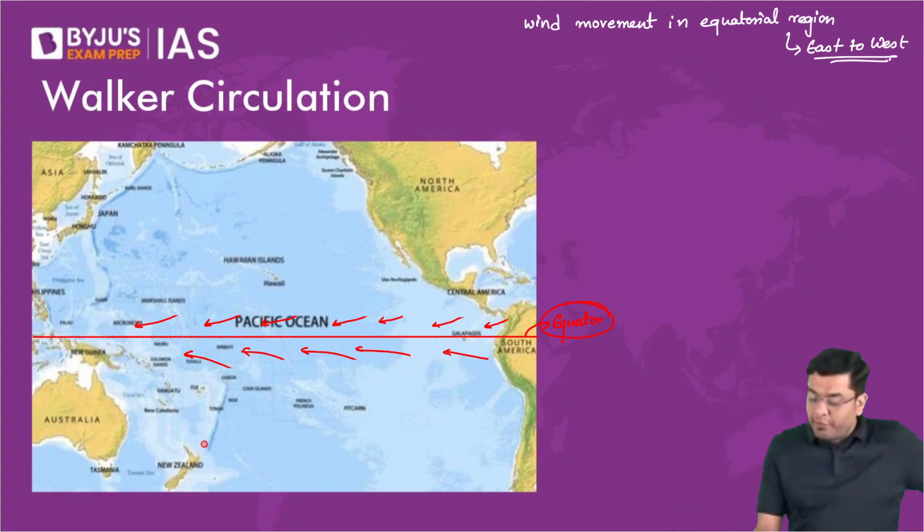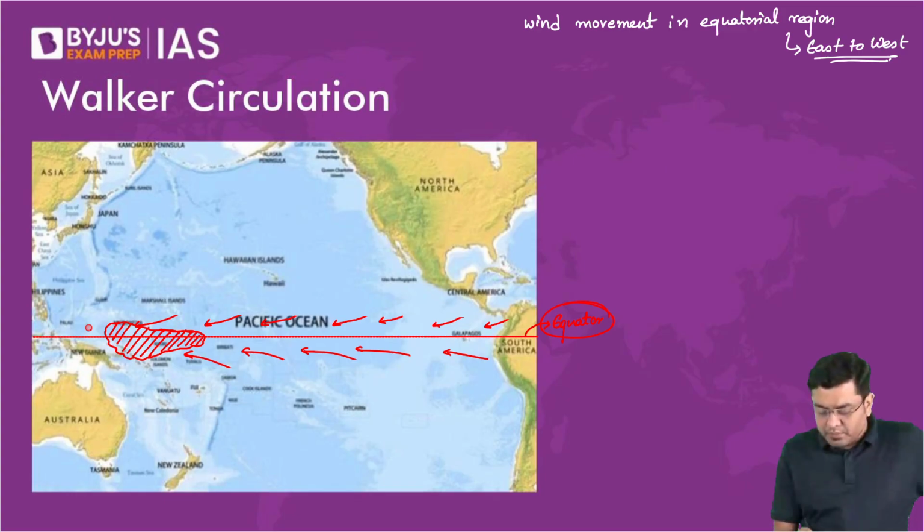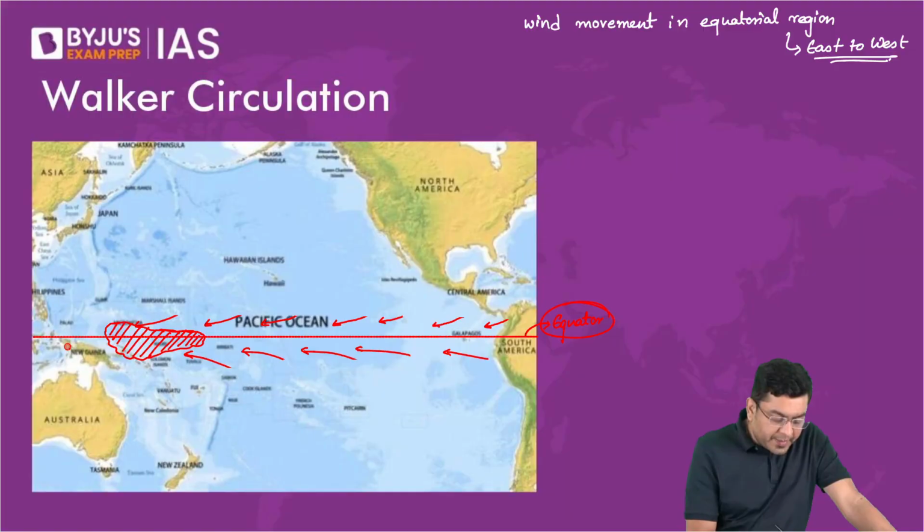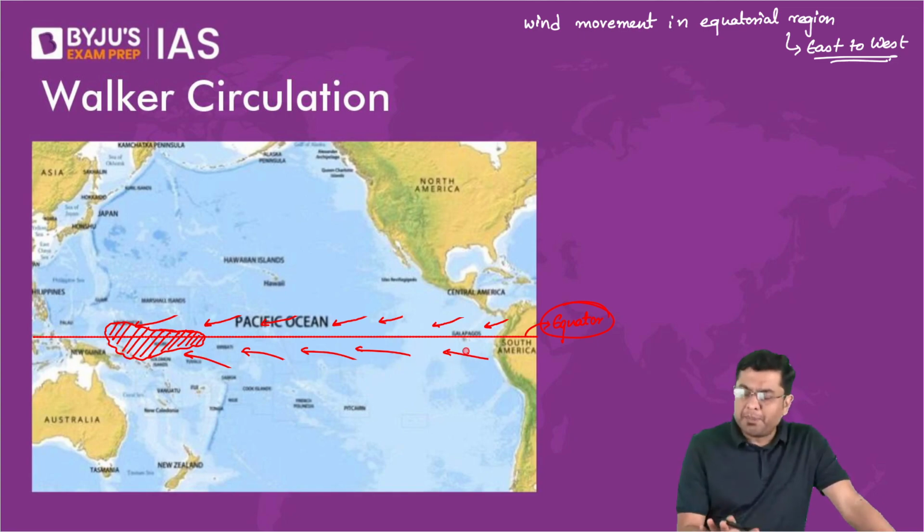So all this warm water from the surface will be dragged and will get accumulated somewhere here. That is, accumulated warm water will be present here, isn't it? Now, if the accumulated warm water is present here, what will happen in this region where the water has been carried away? What will be the temperature condition of water in this region?